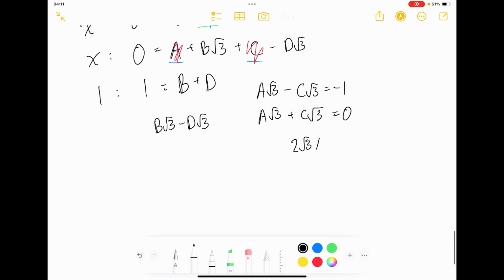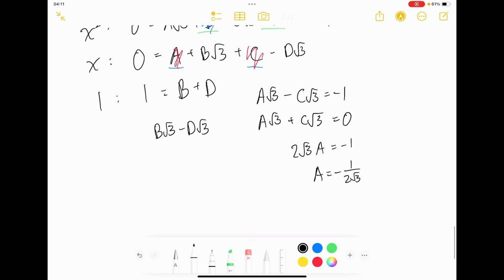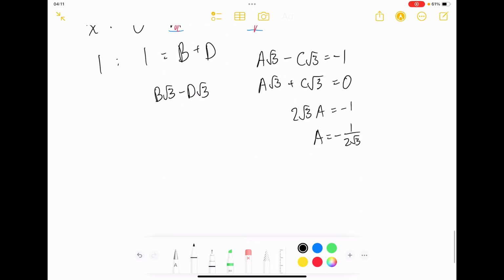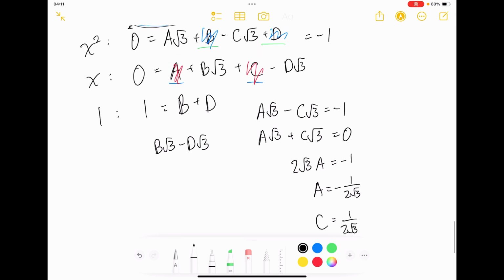And then I add the two together. 2 root 3 a is -1, and then a is -1 over 2 root 3. And because c is just the negative of a by looking at that, c is just the positive version of this. And same thing here, actually. This is not entirely unuseful, because what was b root 3 minus d root 3 again? 0.